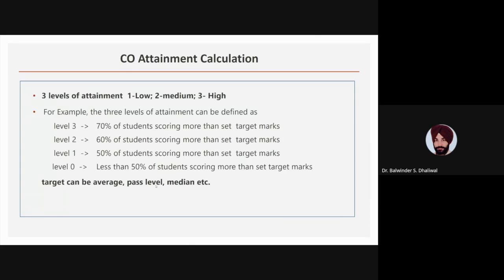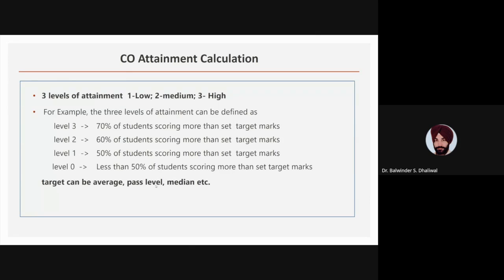Similarly, the 70%, 60%, 50% written in these level descriptions are also variables, so we can change these values. But for this attainment calculation, I will be using these definitions. It will be level 3 if 70% of students are scoring more than the set target marks.